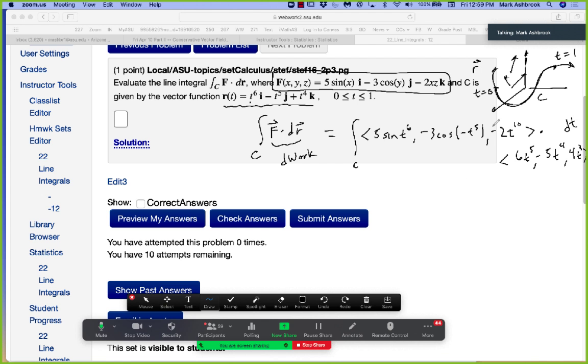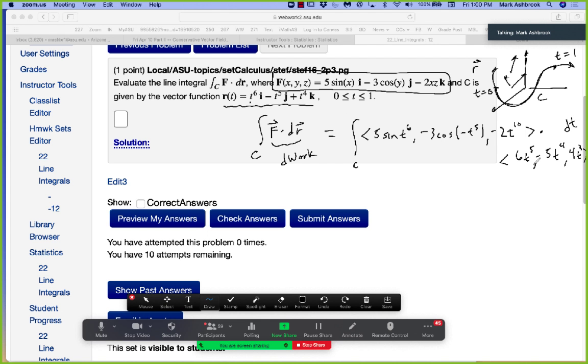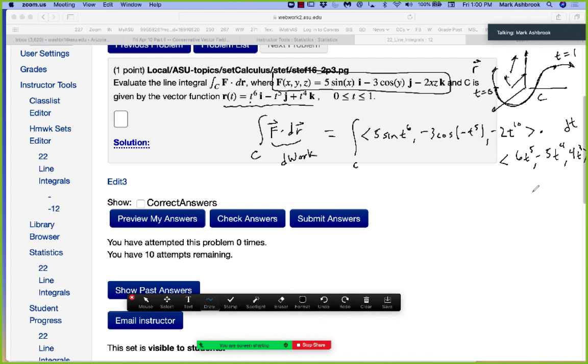So I rewrote the force field in terms of t. Took the derivative of the path, of the vector function. That's my dr times dt.